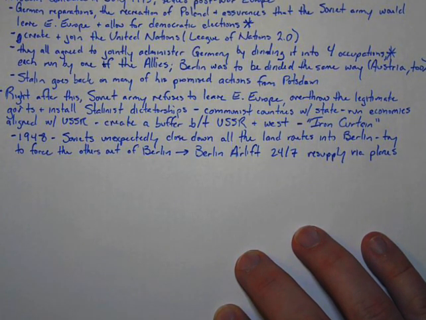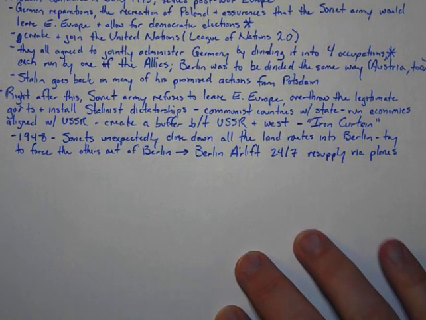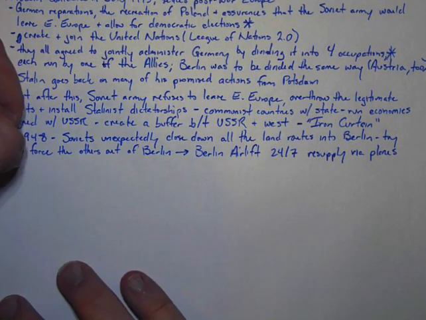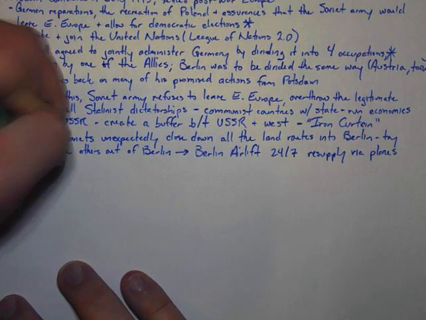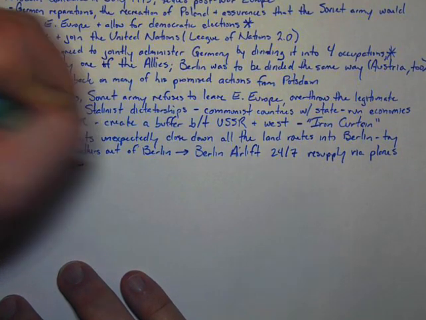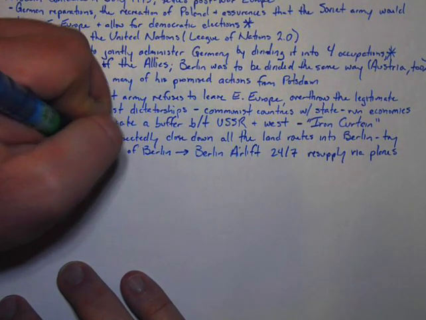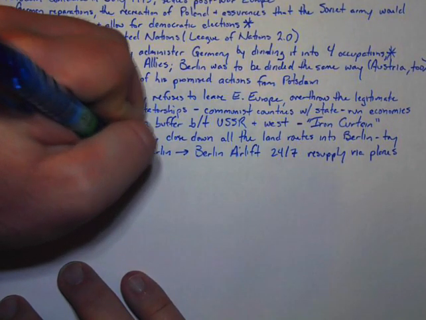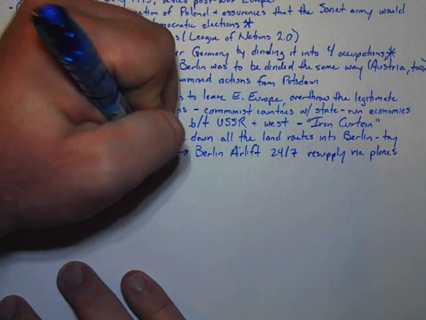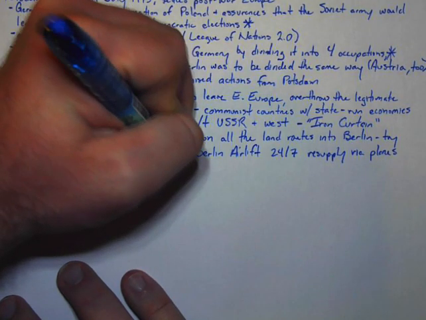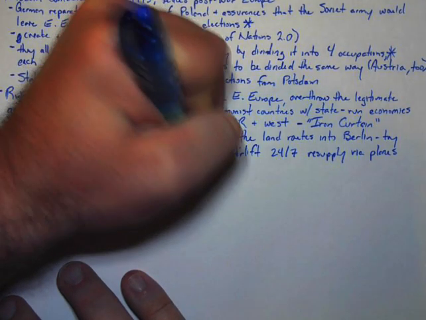And so the Berlin Airlift also brought in rebuilding supplies. This took place between June of 1948 into April of 1949. At that point, Stalin just gives up and opens the roads back up.